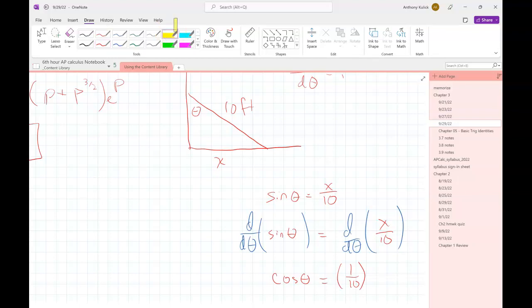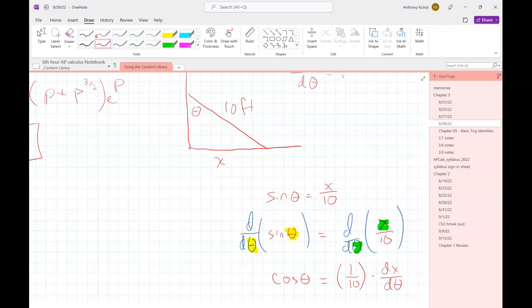So here's a big important observation. The variable we differentiate with respect to is the same over here, but it's not the same over here. We're differentiating a variable x with respect to theta. That changes things a little bit. We need one more additional factor here: dx/dθ.